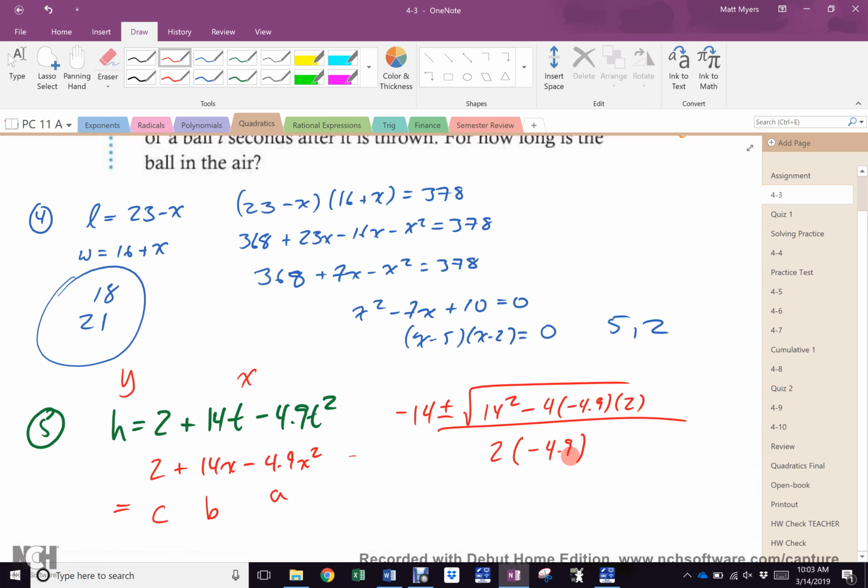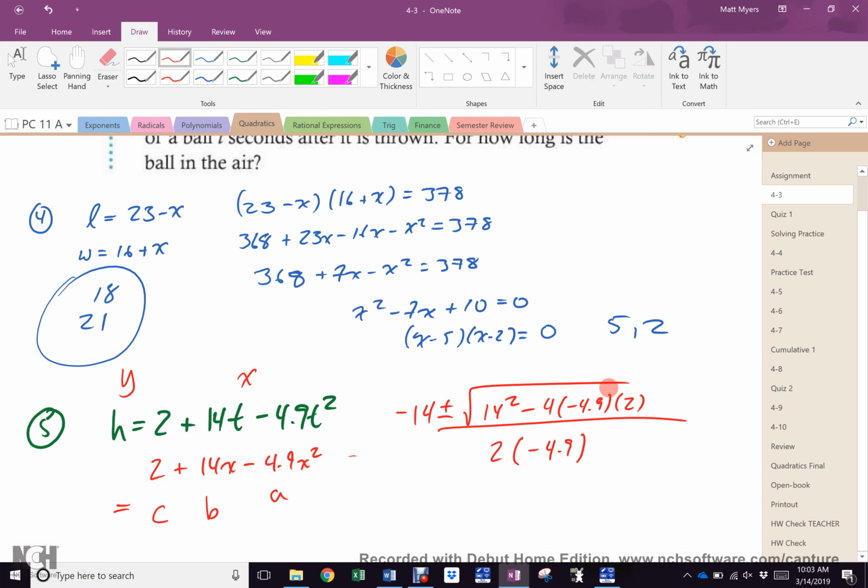Everyone agree? And we've got a real life question here, don't we? This is going to give me an answer that is no good in real life, is it? I want to know how long the ball is in the air. Well, is this going to come out to a perfect number? No, so the ball was in the air for negative 14 plus or minus the square root of blah, and then I had to divide that by negative 9.8.